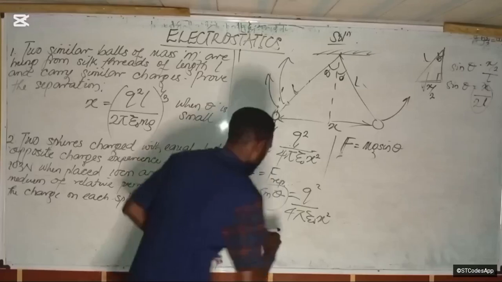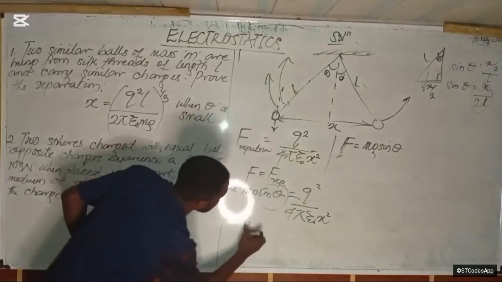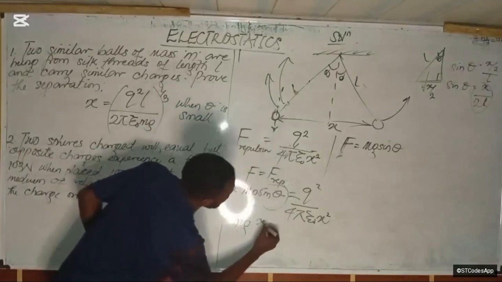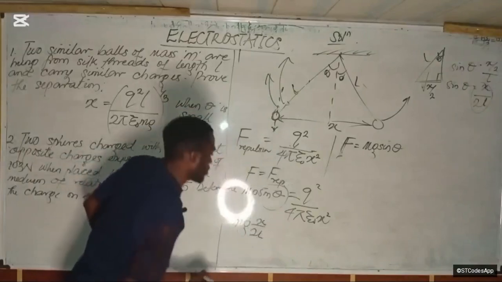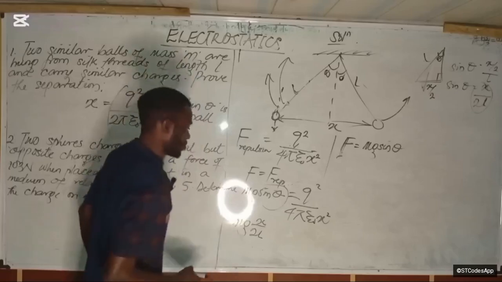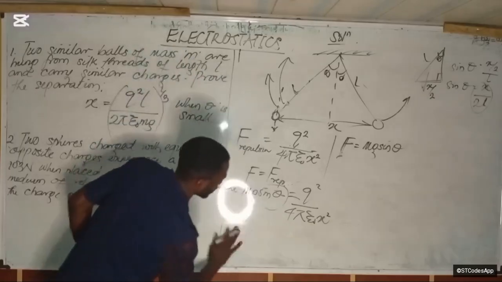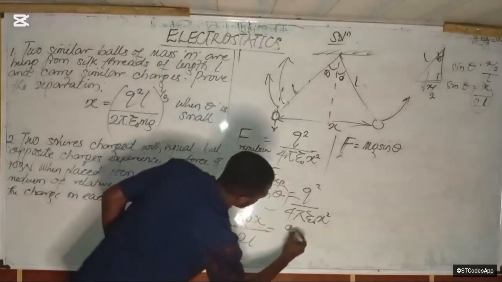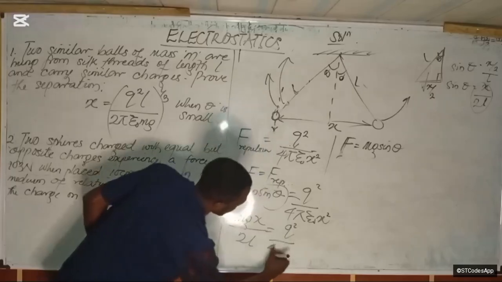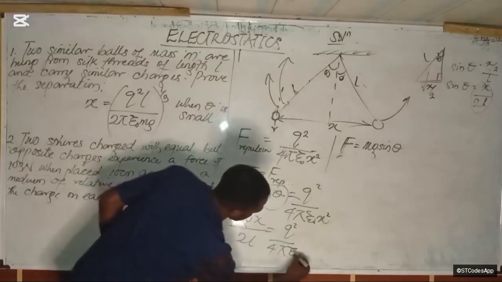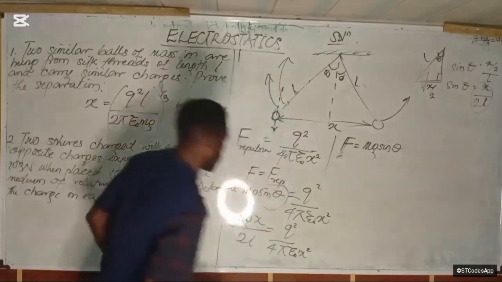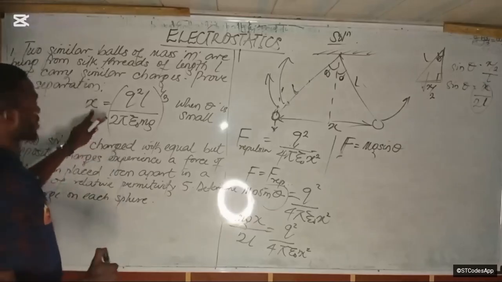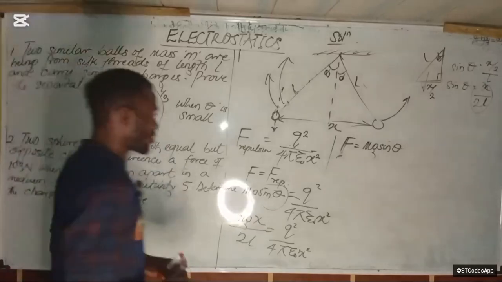So our equation becomes mg sine theta, which is mg x over 2L. So mgx over 2L is equal to q squared over 4 pi epsilon naught x squared. So what are we supposed to do? We are supposed to prove for x, so we should make x the subject of the formula.